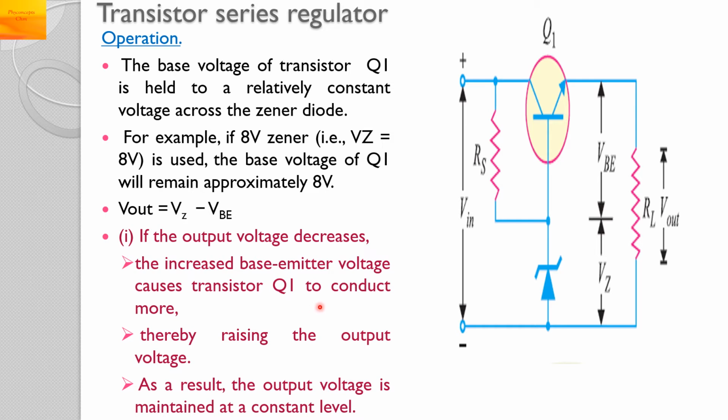When the base emitter voltage increases, this will allow the transistor to conduct more, and that raises the output voltage. As a result, the output voltage which had decreased earlier will be maintained at a constant level.